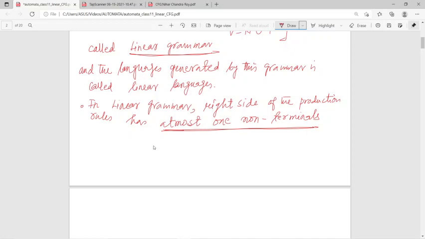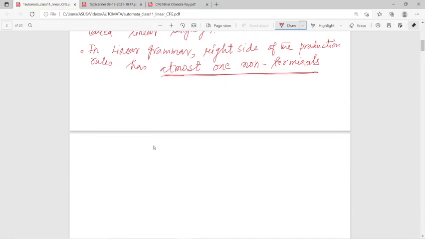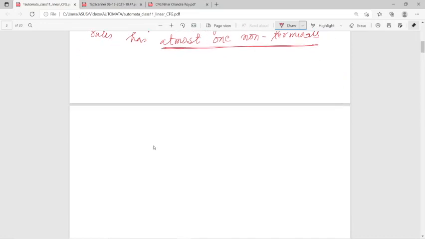So let's see, type 3, that is regular. Linear grammar has some restrictions, so that is the concept of linear grammar we discussed.